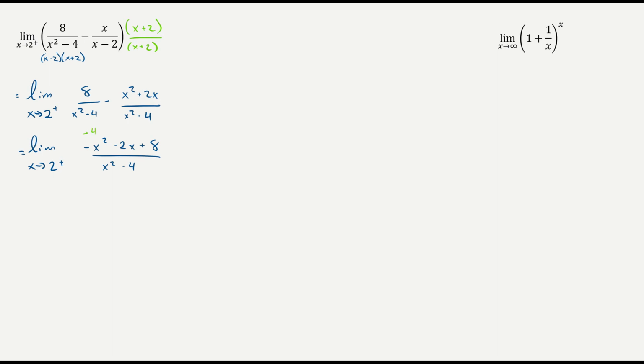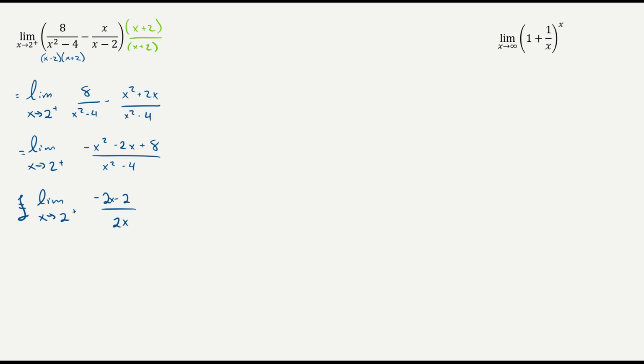I get negative 4 minus 4 plus 8, which is 0, over 4 minus 4, which is 0. So our indeterminate form. We can apply L'Hopital's rule then. Alright, so we're going to do L'Hopital, limit as x approaches 2 from the right of negative 2x minus 2 over 2x.